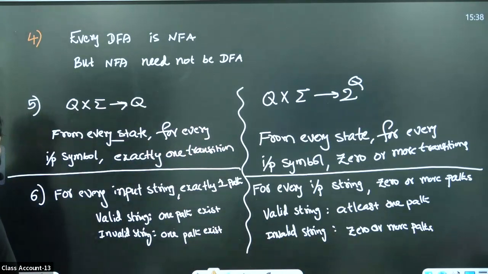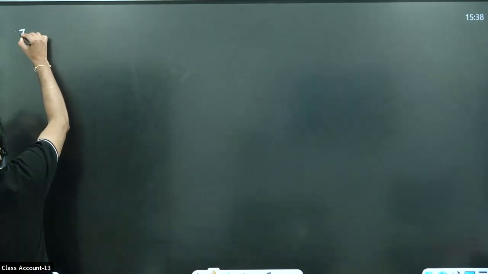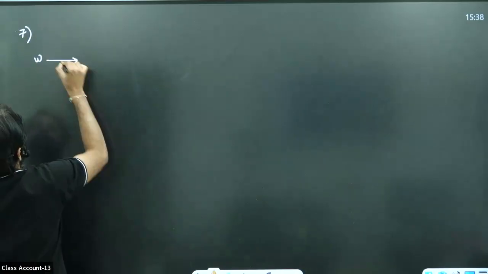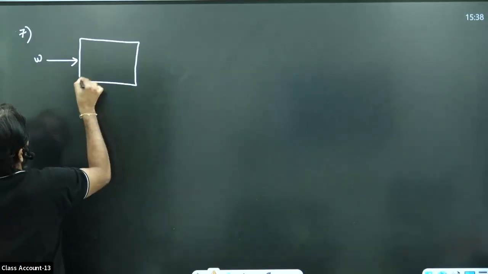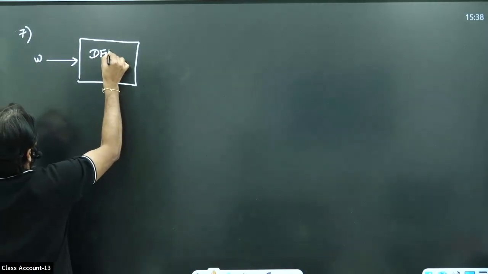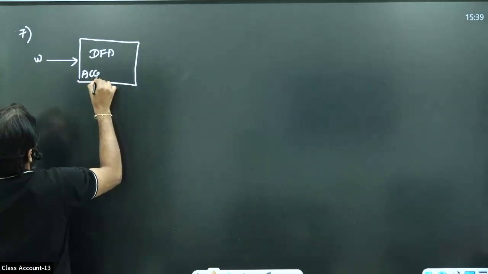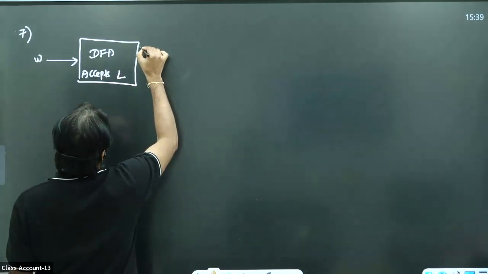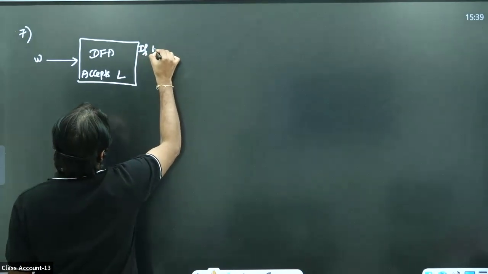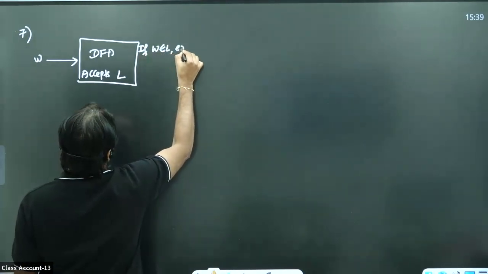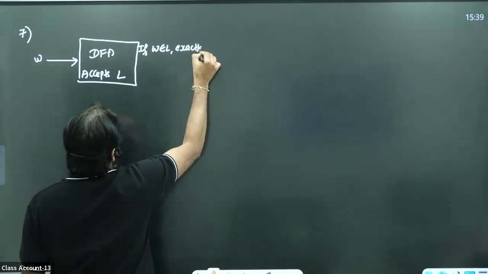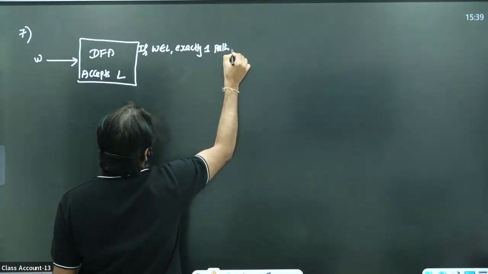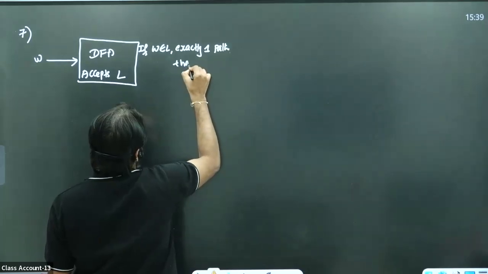In case you want to know the definition clearly, if I give a string W, assume this DFA accepts a language L. If a valid string belongs to L, exactly one path exists, and that halts at final.